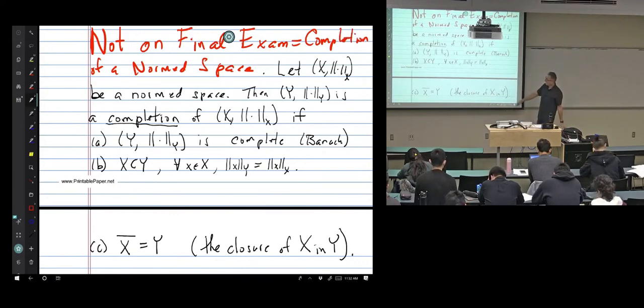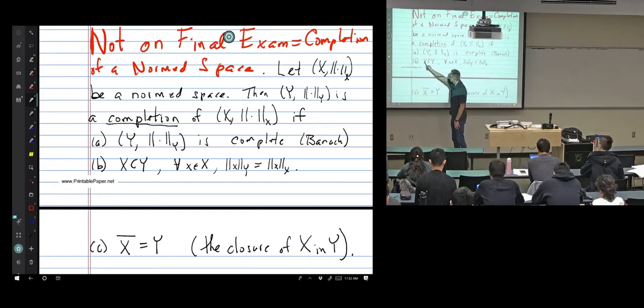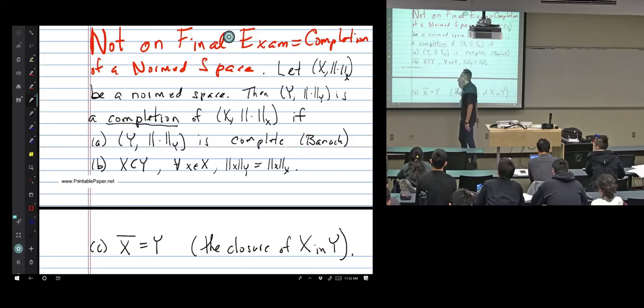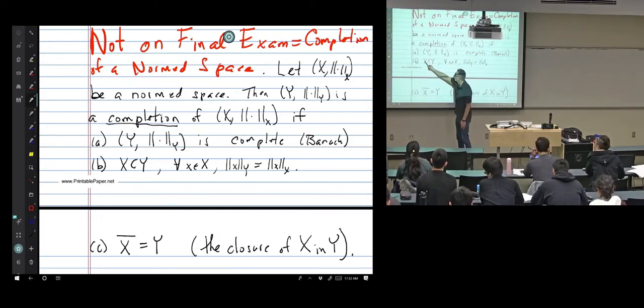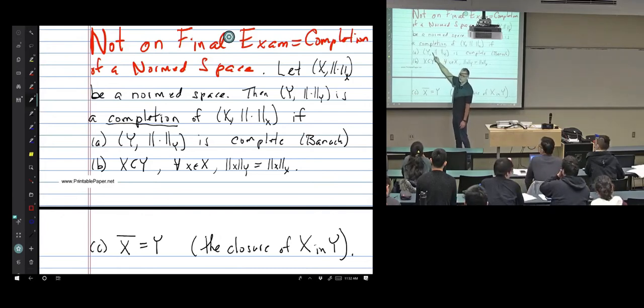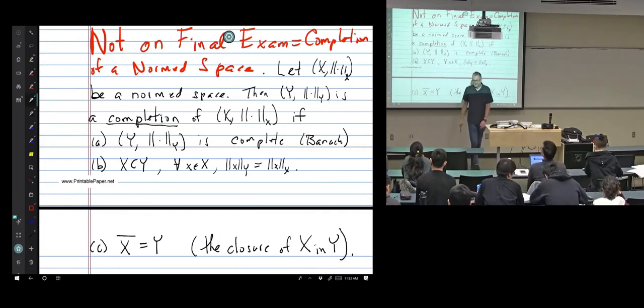So this is not on your final exam. If this is hurting your head, just stop, okay? So normally I talk about convergent sequences in a normed space. I want my limits to be in the normed space, but now I'm viewing this as something contained in this bigger space, so I can seek limits in here. So this one can contain my discontinuous functions, okay?